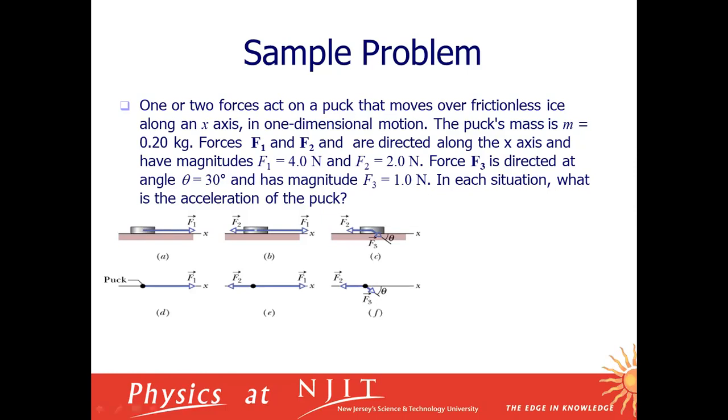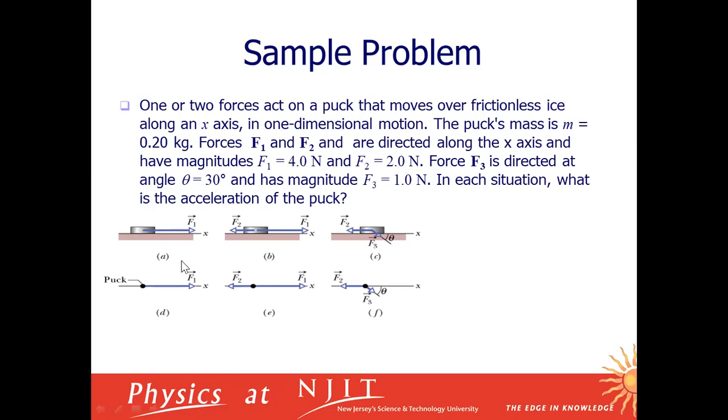Now, as you can see on the diagram here, the free body diagram of letter A, F1 is acting horizontally. Then F2 is acting opposite of F1, and for part C, we have a third force acting at an angle.